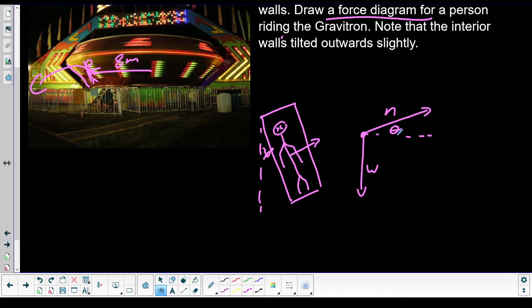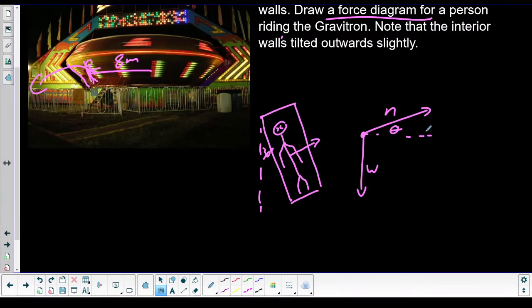Okay, so here's the question. Is the normal force strong enough to counteract weight? Because you are on this wall, stuck here, you're not accelerating up or down. You're just spinning in a circle.